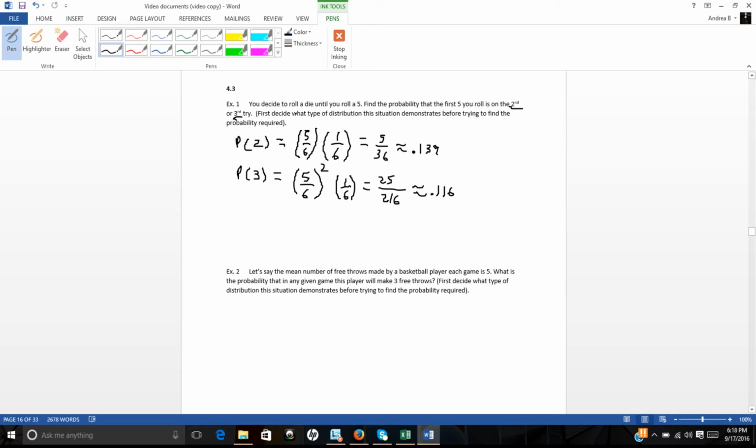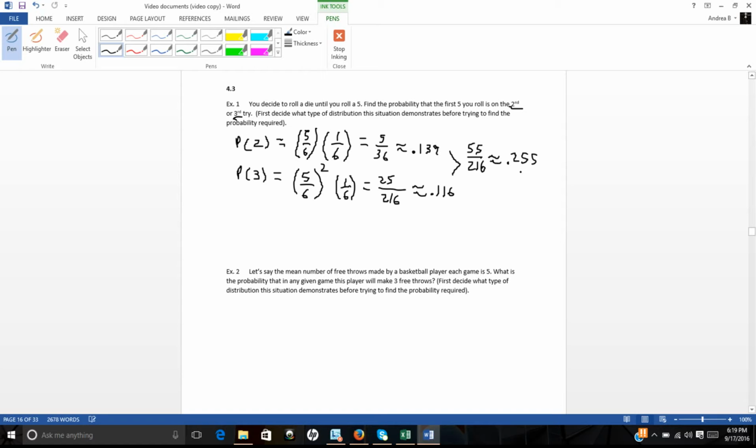And then since we wanted the second or the third try, to get the final answer we add these probabilities together. Whenever we do that, you get 55 out of 216 as a fraction, or you could approximate it as a decimal, about 0.255.